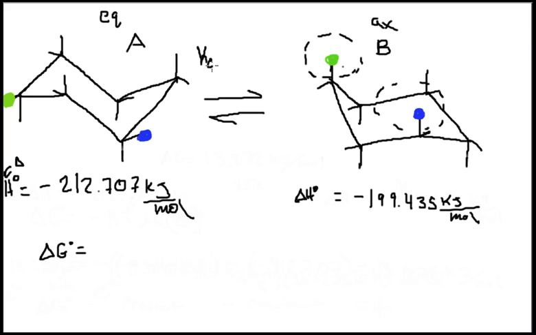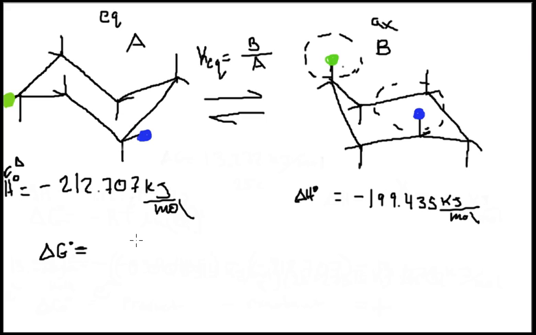We'll consider this to be some kind of equilibrium, which means that we have an equilibrium constant, which is the products over the reactants. And so we'll consider molecule A to be the reactant and B to be the product, even though this equilibrium does exist in solution, and we're not forming something entirely new here. But let's just model it this way for a second.